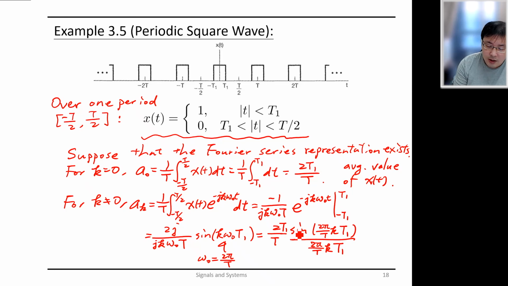So if you look at this formula, in the numerator you have this sine function, and in the denominator you have this term that is equal to the inside of the sine function.